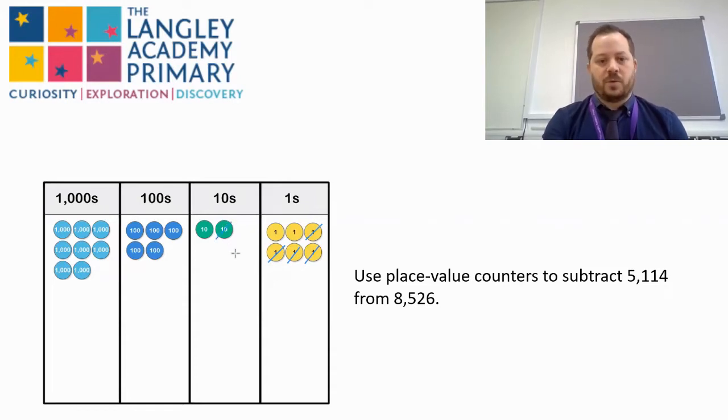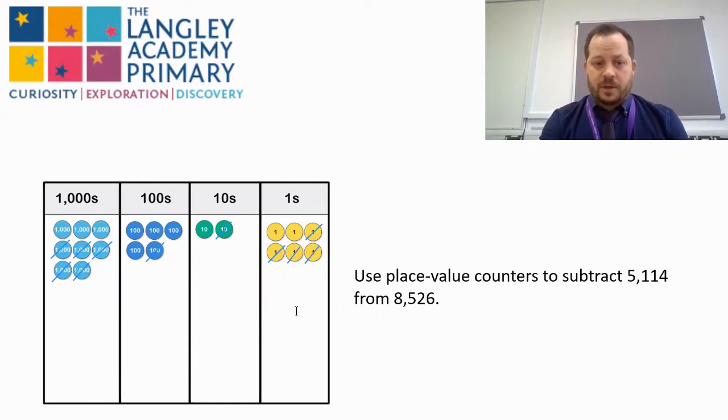I'm going to cross out 1 hundred. And I'm going to cross out 5 thousands: 1, 2, 3, 4, 5.